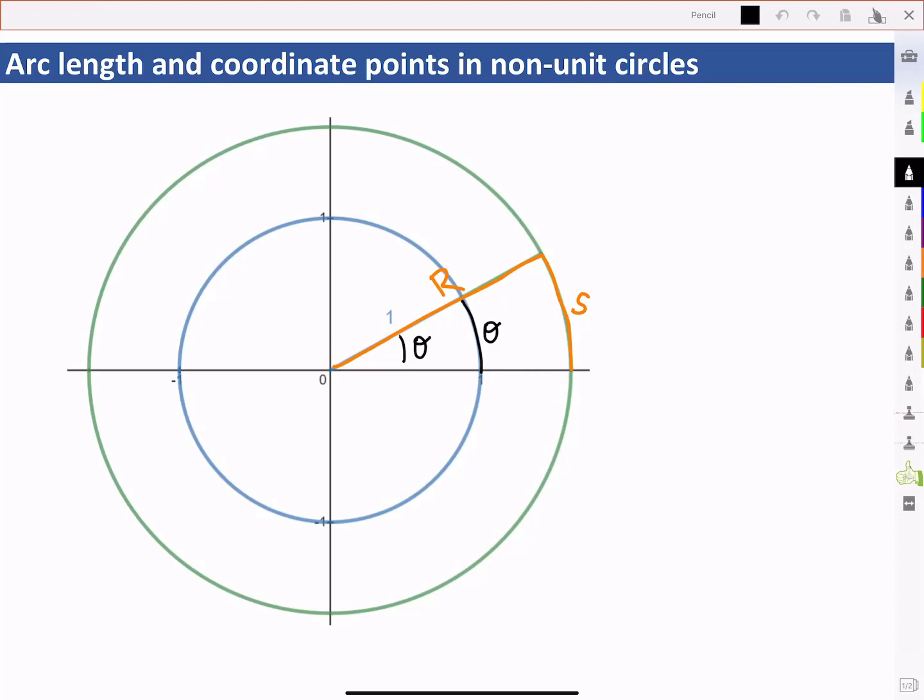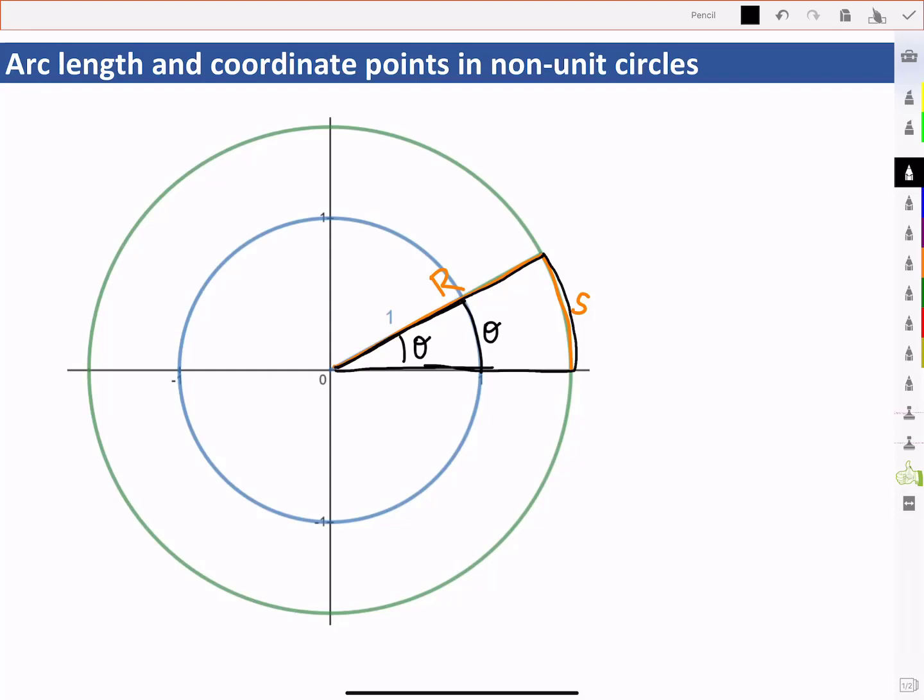Although these are not triangles, we do have similar shapes called sectors. We can actually set up a proportion just like we would with similar triangles to help us see how the radius and the arc length are related in the bigger circle with radius r.